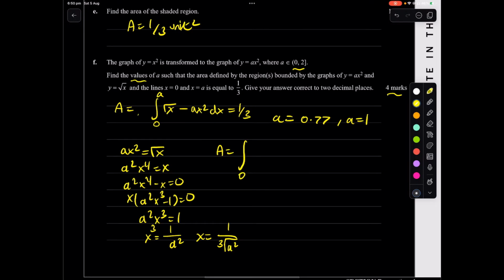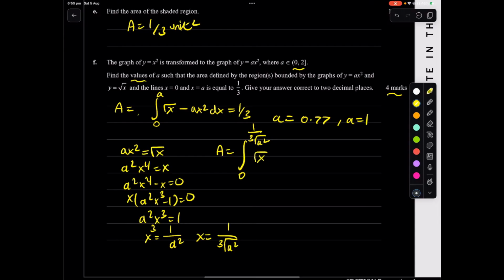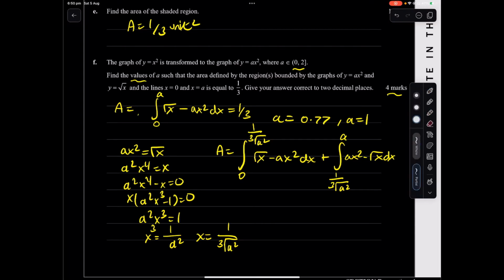So we can say the integral from 0 to 1 over the cube root of a squared of root x minus x squared dx, plus another from 1 over the cube root of a squared to the value of a, and now the big one is ax squared minus root x dx, and that all should equal a half.